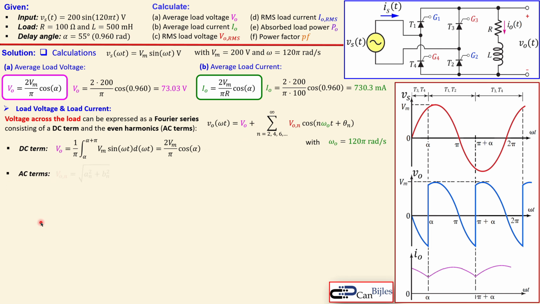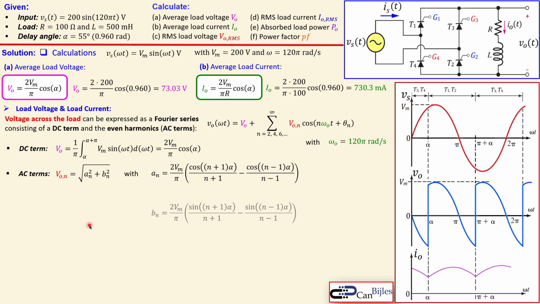But the AC terms are given by this expression, where you see the coefficients from the Fourier analysis, A sub n and B sub n. So we need to determine these two coefficients. Those are given by these two expressions. This is quite complicated, and you see also the order of the harmonics n, and the alpha appearing. For A sub n we have the cosine expressions, and for B we see the sine expressions.